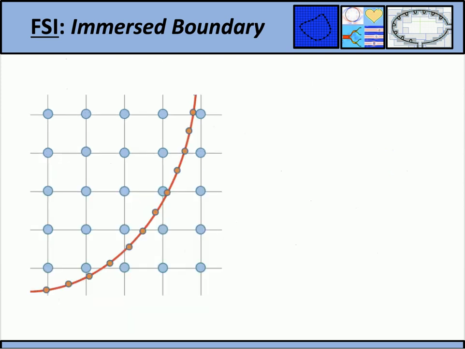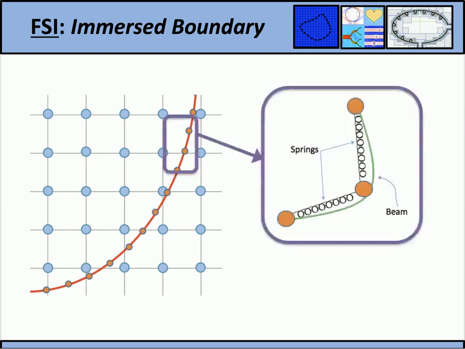The one thing we have not talked about yet is that we've mentioned this Lagrangian structure has some type of material properties, but we really haven't said where these material properties come from. Well, since this is a discretized mesh, we can think about these individual Lagrangian points. And we can think about adding connections between these Lagrangian points using some type of constitutive laws, even things like beams and springs.